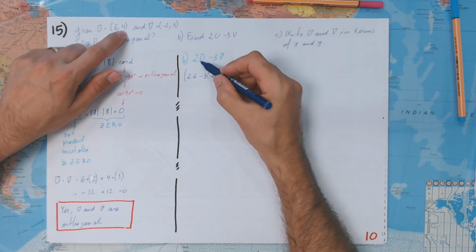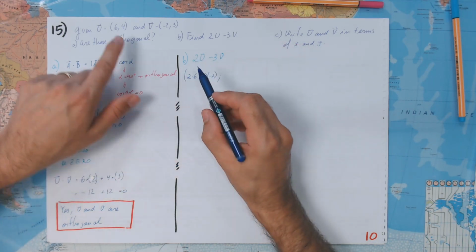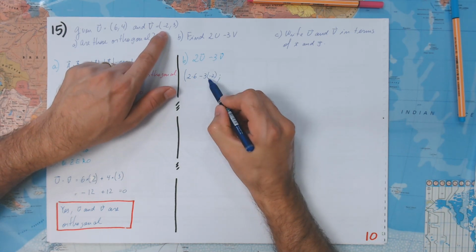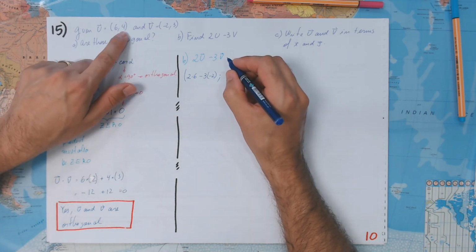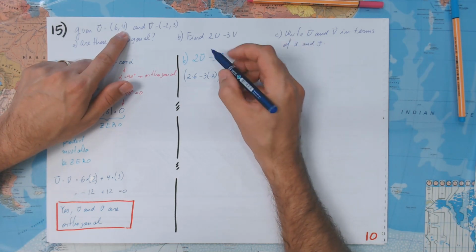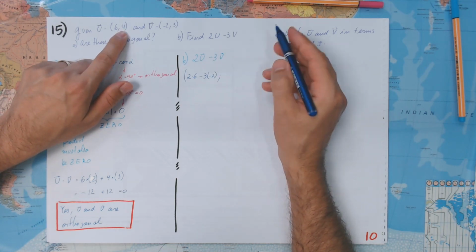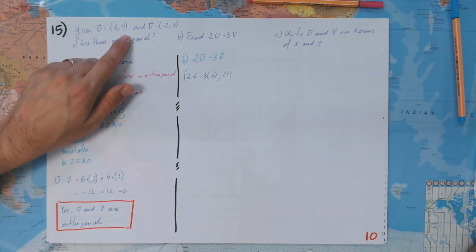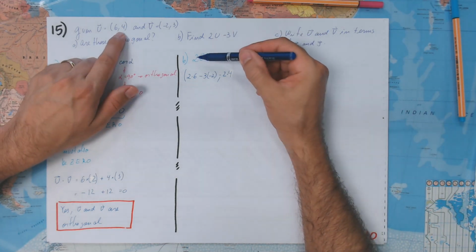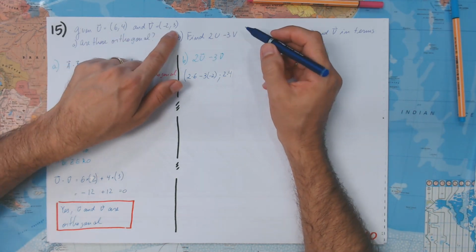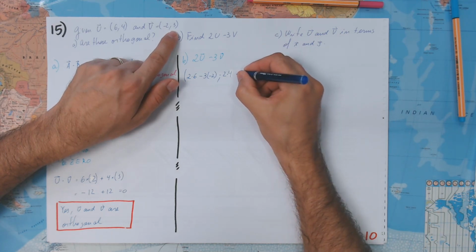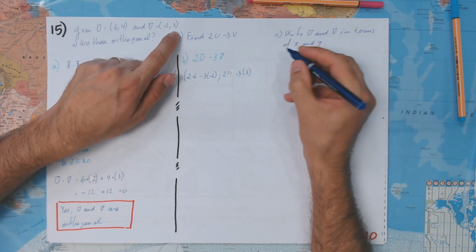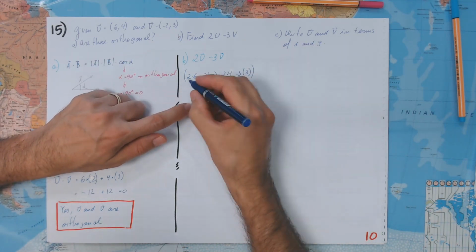But now it is 2u, 2 times 6 minus 3 times minus 2. And now what about the y components? It is going to be 2 times the y components, so 2 times 4, twice u, and now we're going to subtract 3 times 3. Now, let's see what we have.